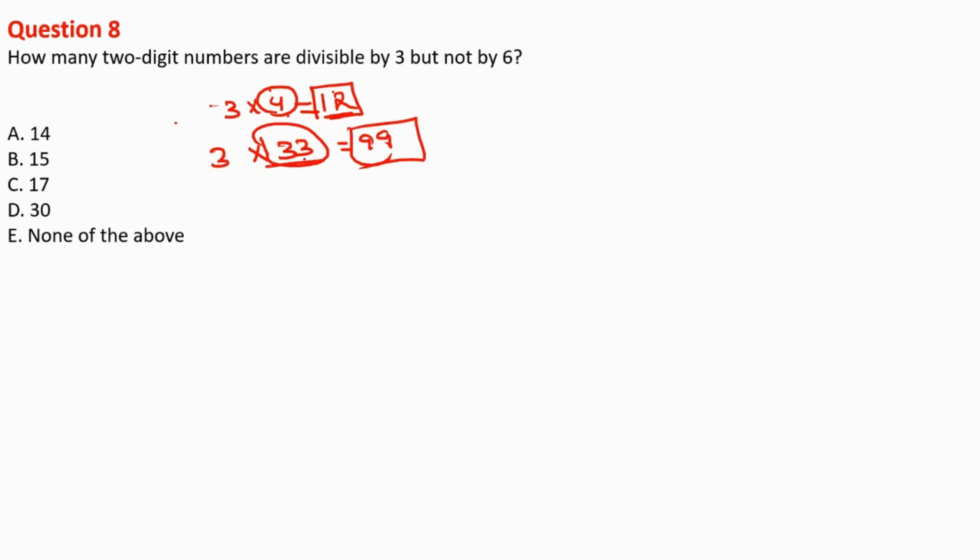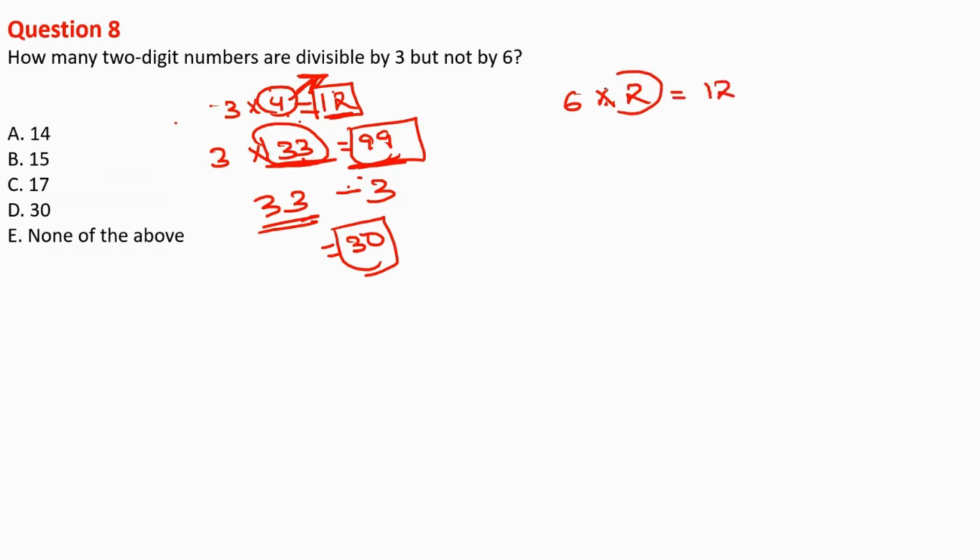So how many multiples did we cover over here? Till the 33rd multiple we have two-digit numbers, eliminating the first three, because we start from the fourth multiple. So total 30 numbers are divisible by 3. Similarly, for 6, the first two-digit number divisible by 6 is again 12, 6 times 2.